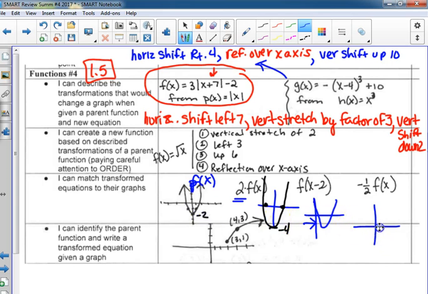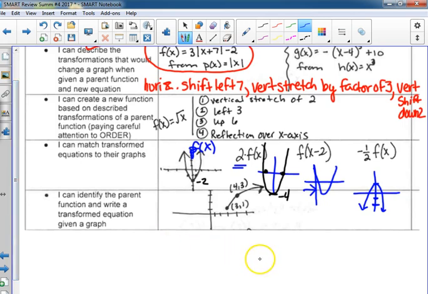Yeah, if this was at -2, initially when you took half, it would be at -1 here, but then the negative would flip it upside down. So the 0 would actually be at +1. If this one was -2, here it would be at +1. Hopefully you can tell on my graph, okay?